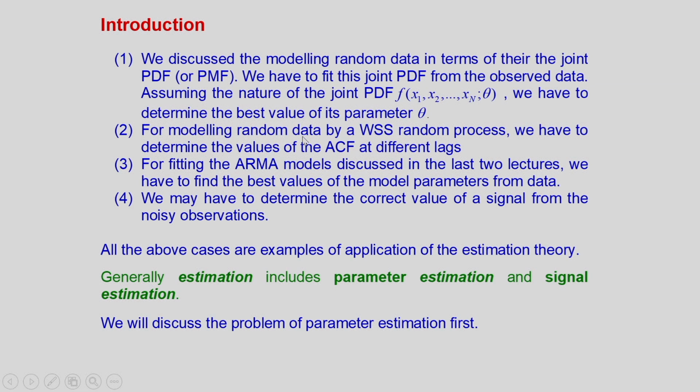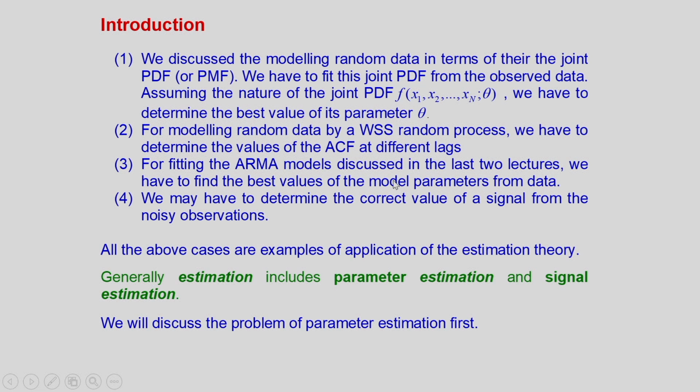For modeling random data by a WSS random process, we have to determine the value of the autocorrelation function at different lags. Therefore, estimation of the autocorrelation function is to be done. For fitting an ARMA model, discussed in the last lectures, we have to find the best values of the model parameters from data.